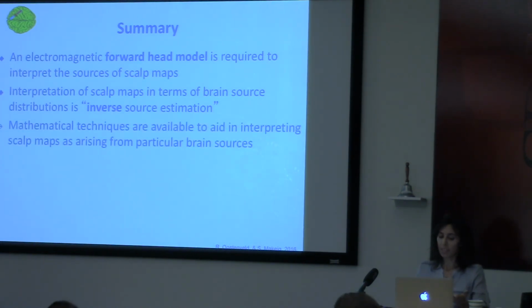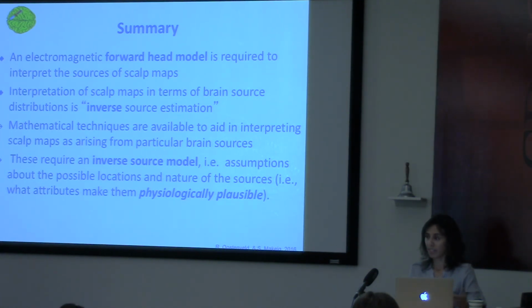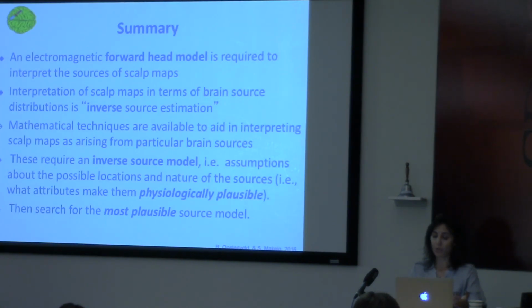And we have mathematical techniques that give different source localization methods, and to be able to obtain physiologically plausible source locations, we need to have neuroanatomical constraints in the source location and in the source space. Then search for the most plausible source model.